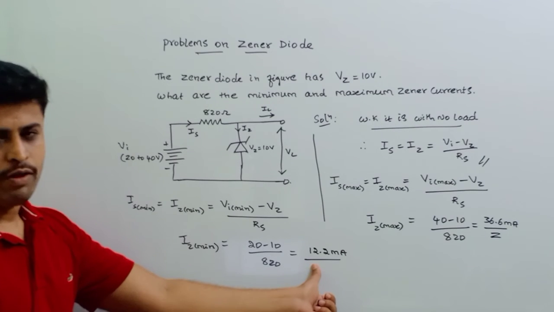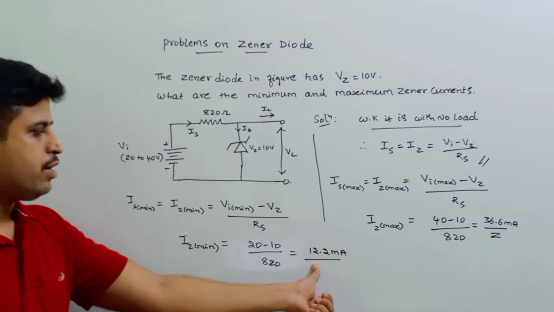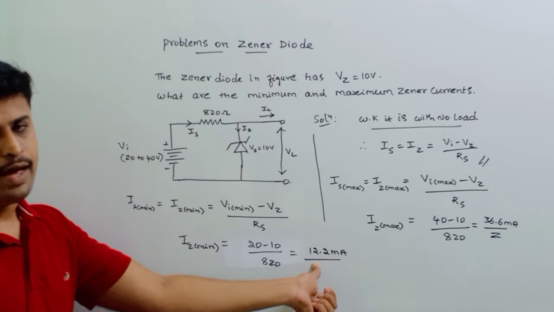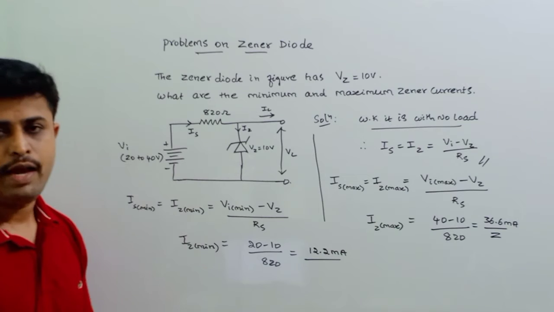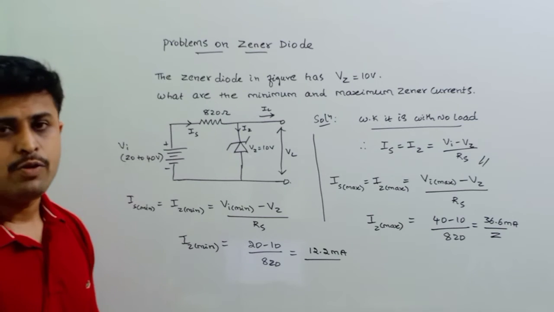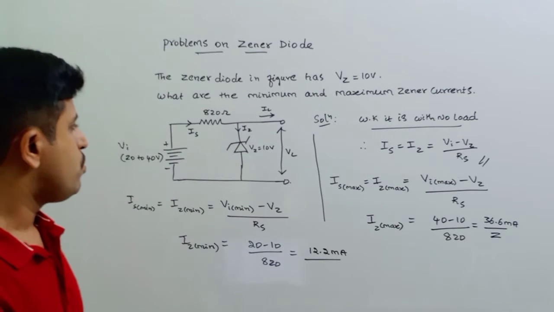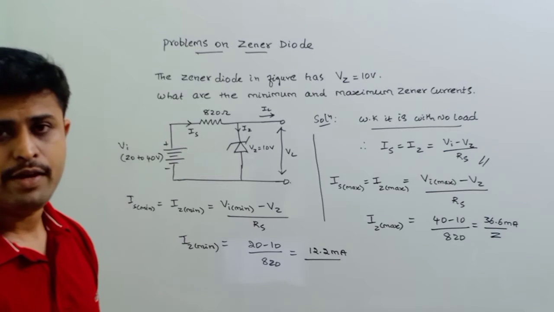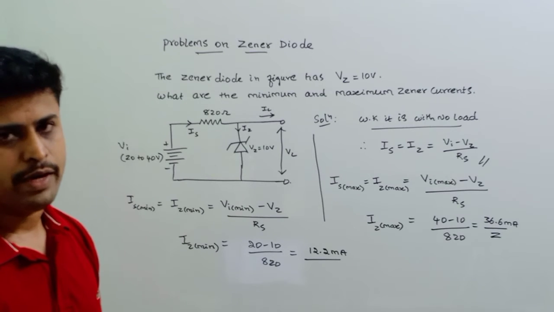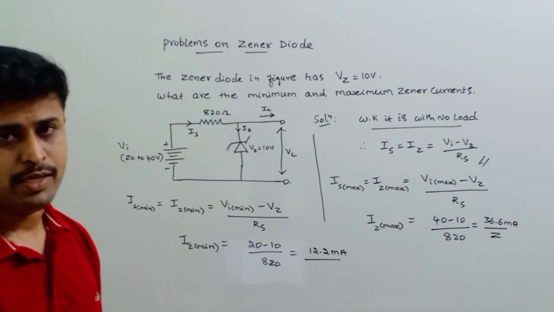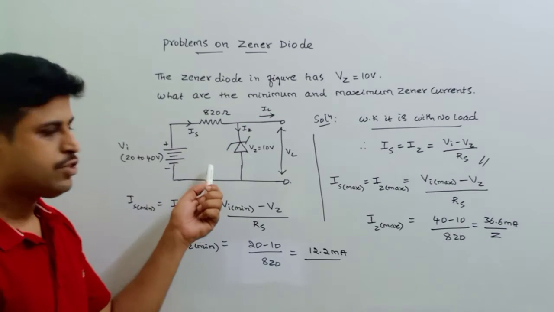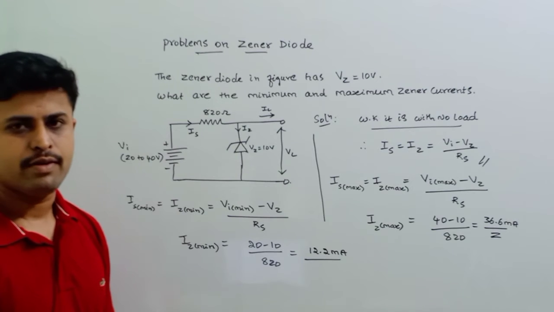If you solve this, we are going to get 12.2 milliamperes. So this is our Iz min. This is what they have asked to calculate in this problem. So we have seen how this can be calculated, and we have obtained the minimum and maximum Zener currents for the circuit given here.